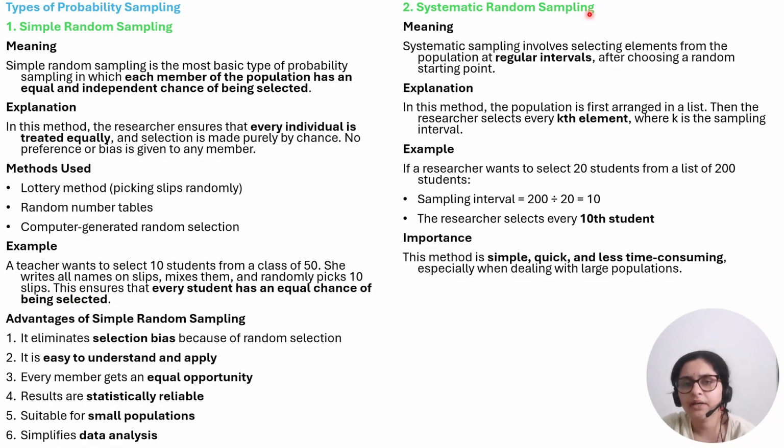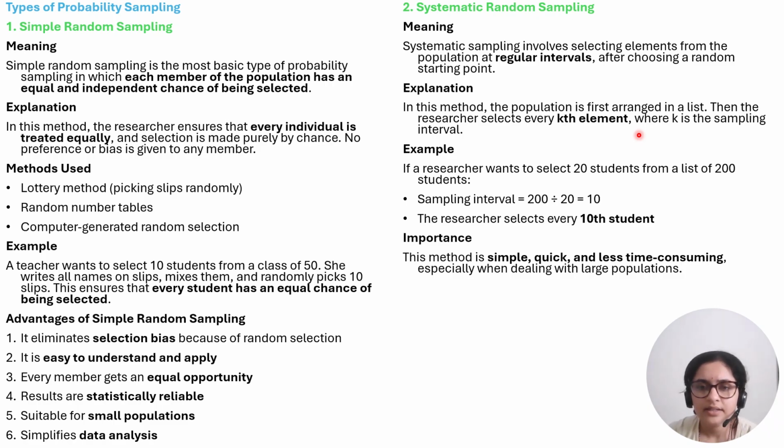Now let us come back to systematic random sampling. The samples are selected at regular intervals in the population after choosing a random starting point. Go through this explanation. The population is first arranged in a list.